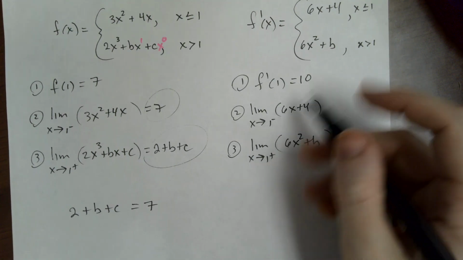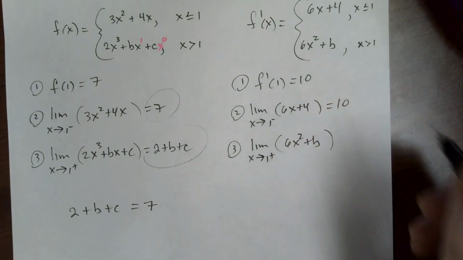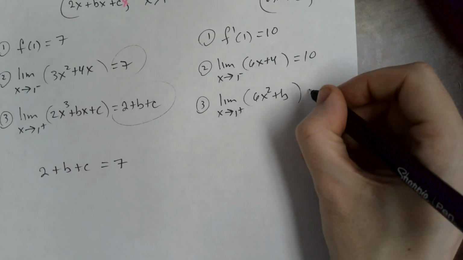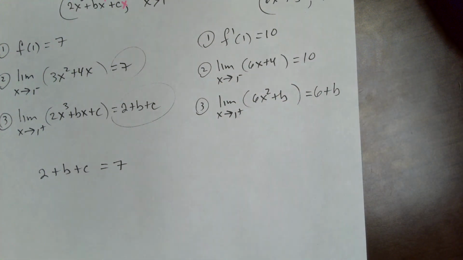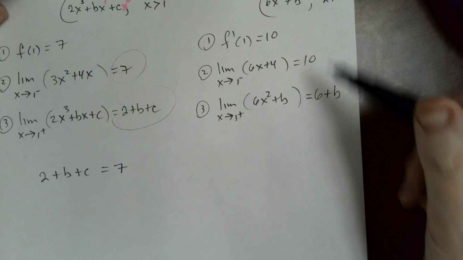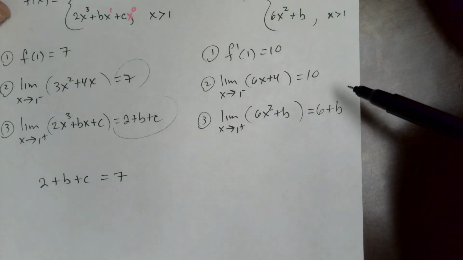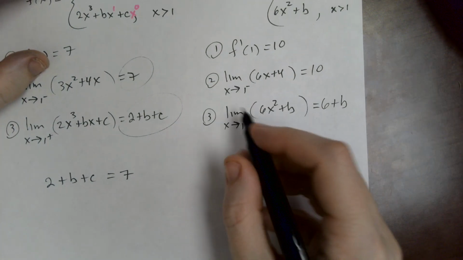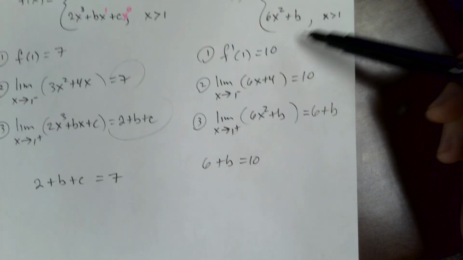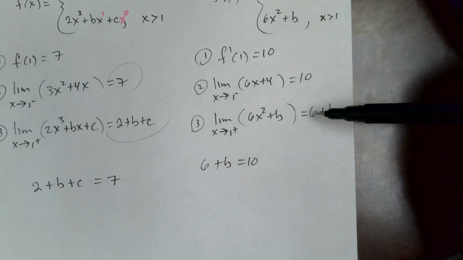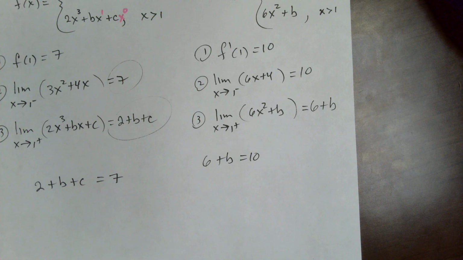Okay, so here I plug 1 in, and I get 10. And here we plug 1 in, and we get 6 plus b. Okay, so for this part here, we have the equation 6 plus b equals 10, because all of these things have to be equal. So that leads us to this.